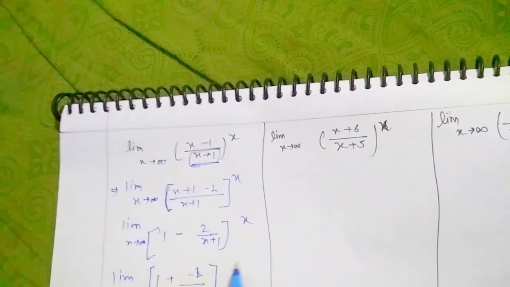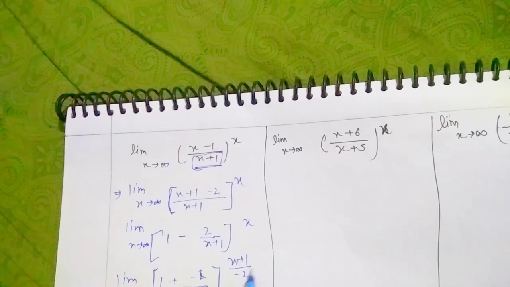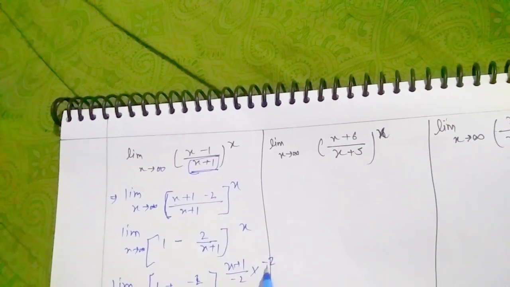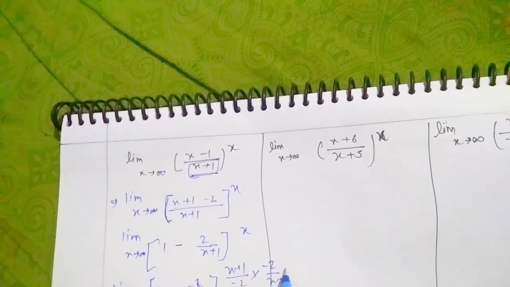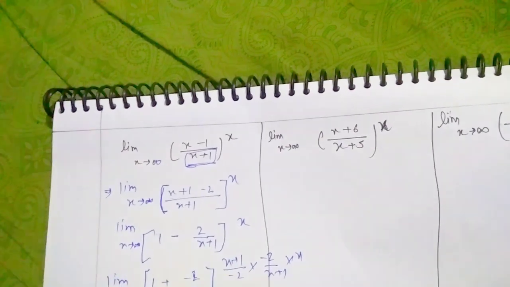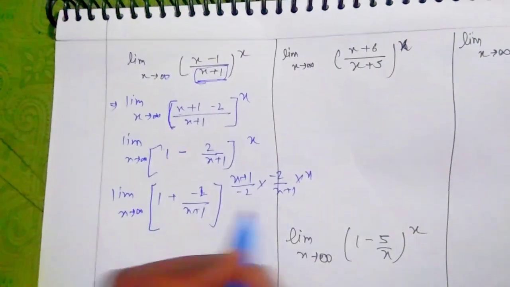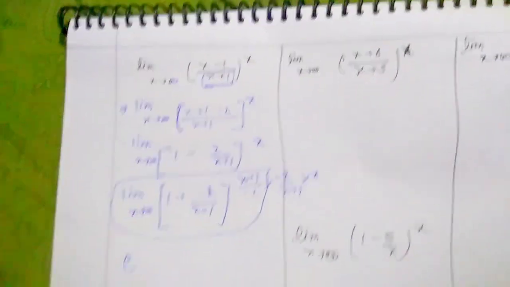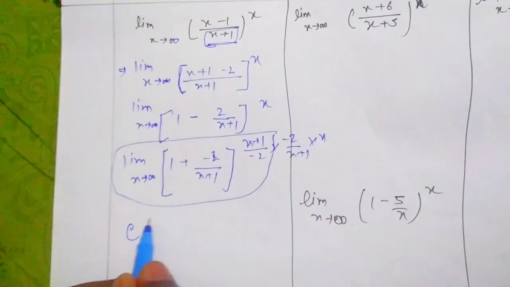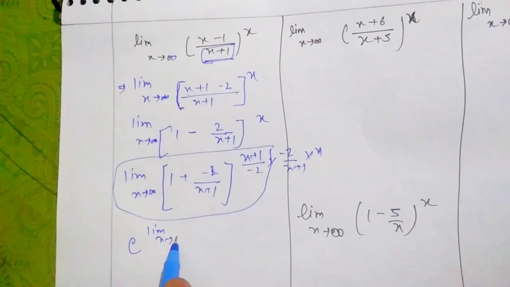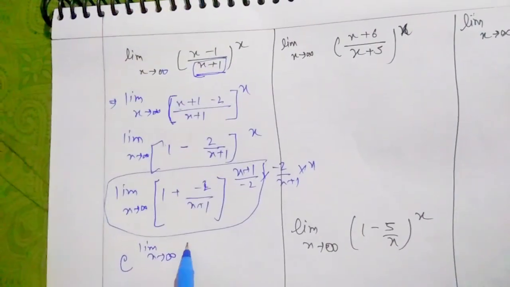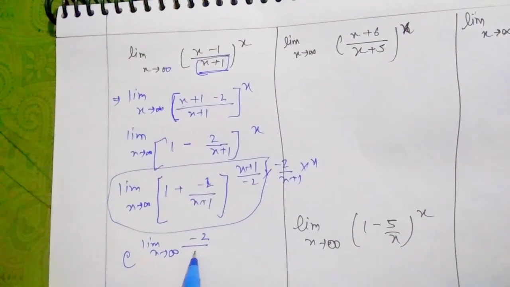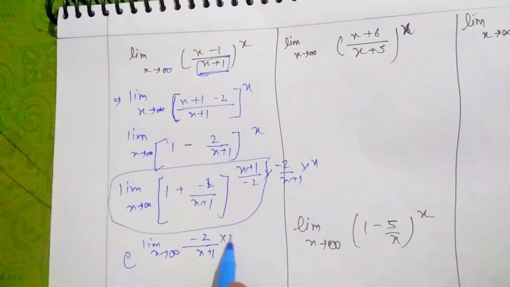What we can do, that x plus 1 upon minus 2, and we have to also multiply it by 2 and multiplied by x. Now simply we know that the value of this number is equal to e, and limit x tends to infinity of the power minus 2 upon x plus 1 multiplied by x.